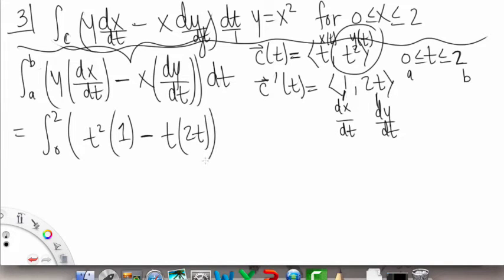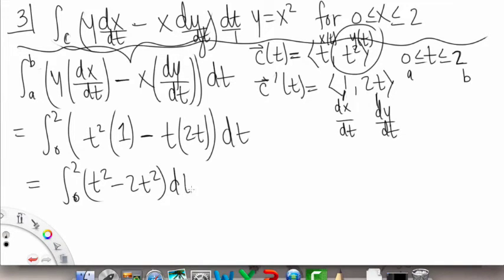Alright, so let me figure out the parentheses here. I think I'm good. Okay, so now we just integrate like normal. Well, we're going to simplify first. So we get t squared minus 2t squared times dt. So that just equals the integral from 0 to 2 of negative t squared dt, okay?